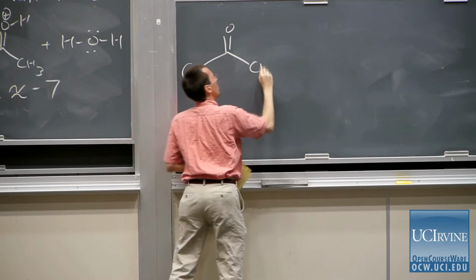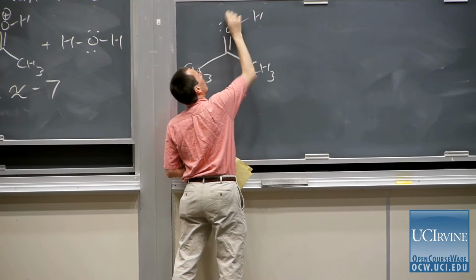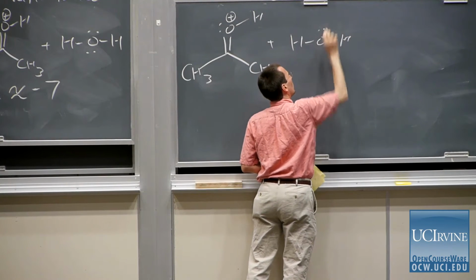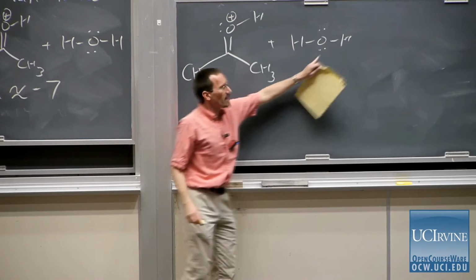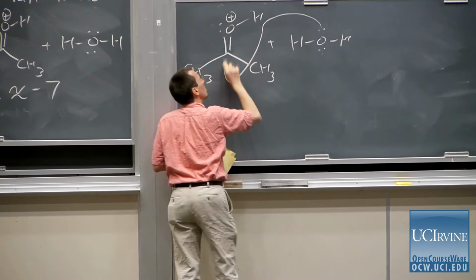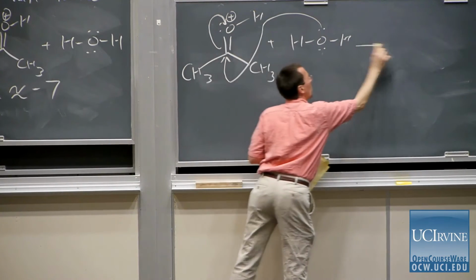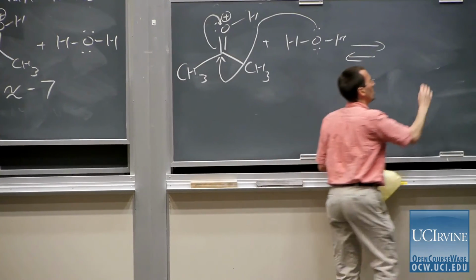So here's our protonated acetone. Here's our water. Electrons flow from the thing that has electrons to the thing that wants electrons, from the nucleophile to the electrophile. They flow onto oxygen. Again, we have an equilibrium.